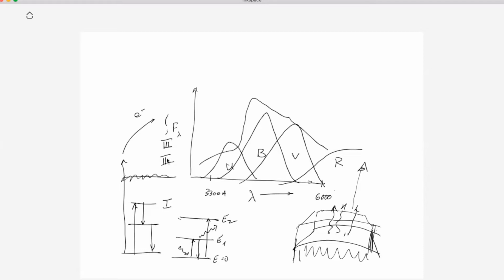And with that, you have the basis of the temperature classification in stellar spectroscopy. The important thing in all of this is generic. The existence of these levels is just the result of atomic structure.